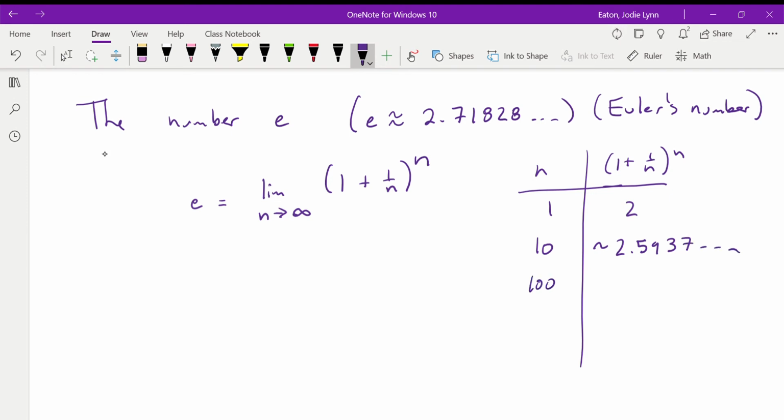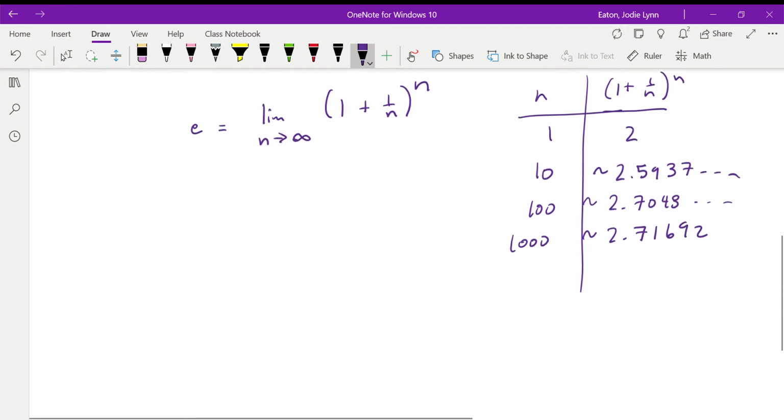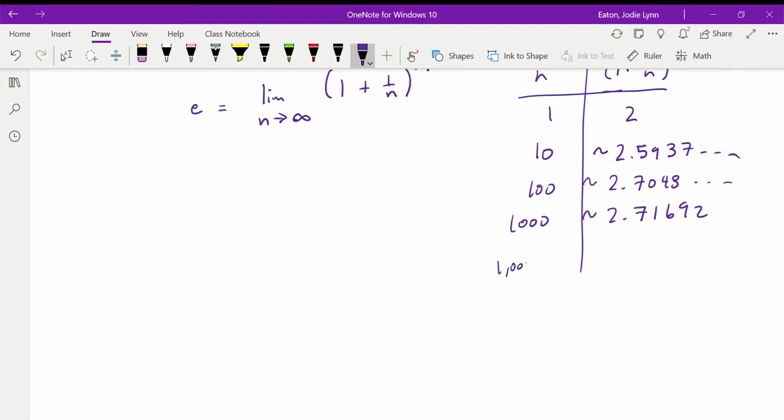If we make that 100, we get 2.7048. For 1,000, 2.71692. For 1 million, 2.71828. The bigger the number you plug in for n, the more accurate your approximation of e is going to be.